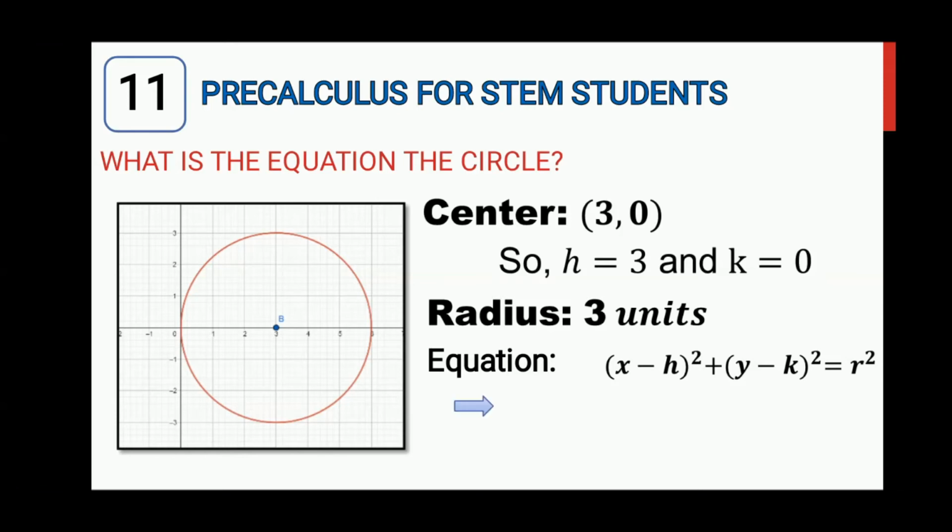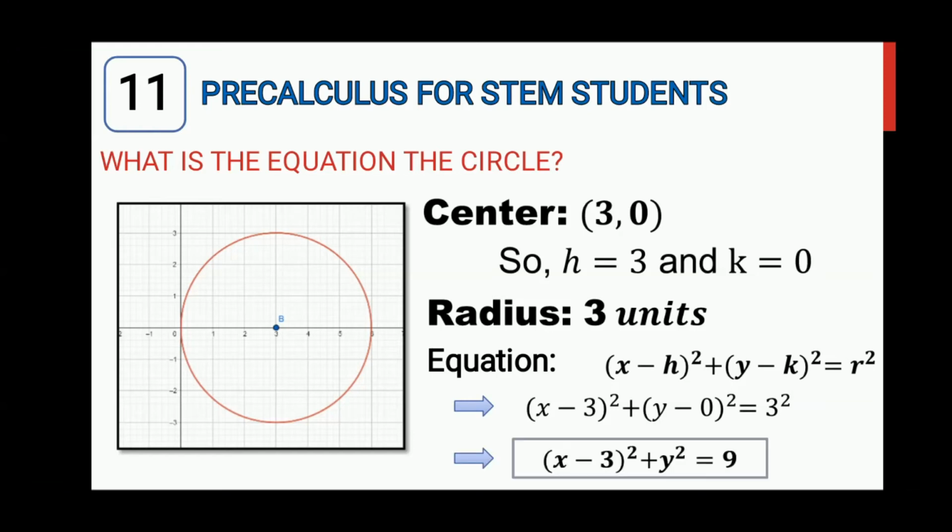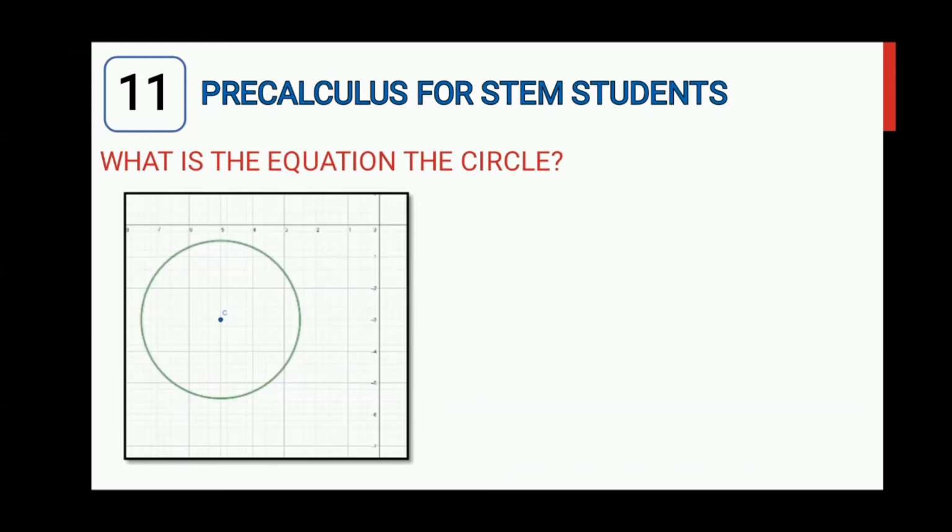We will have (x minus 3) squared plus (y minus 0) squared is equal to 3 squared. And in simplified form, it becomes (x minus 3) squared plus y squared is equal to 9. Very easy.